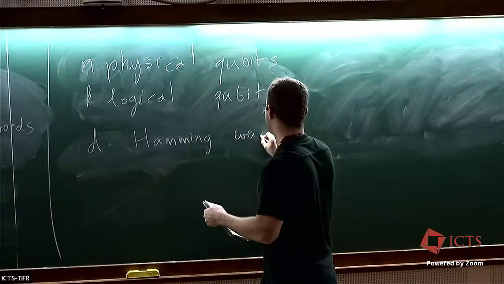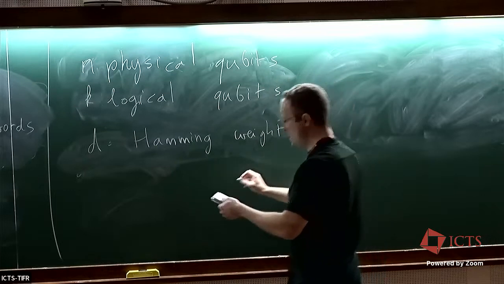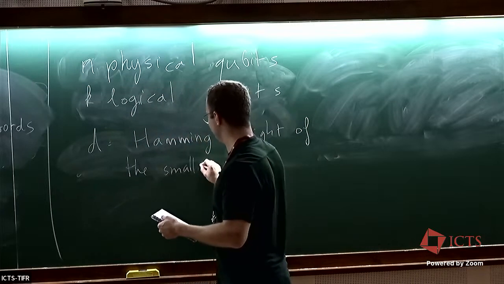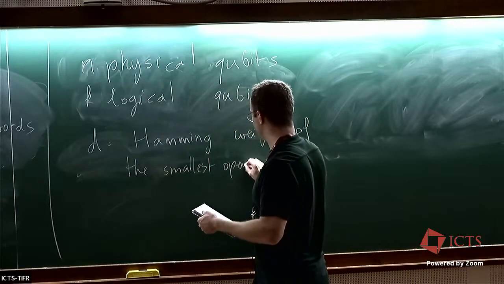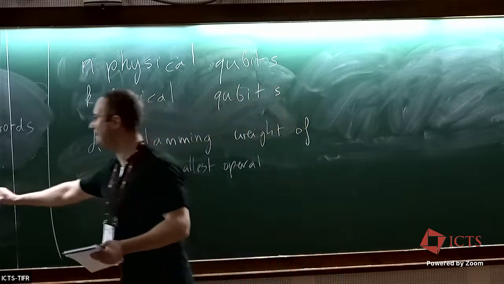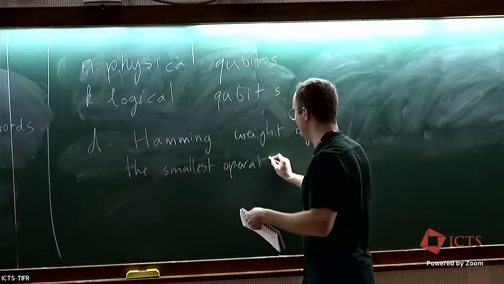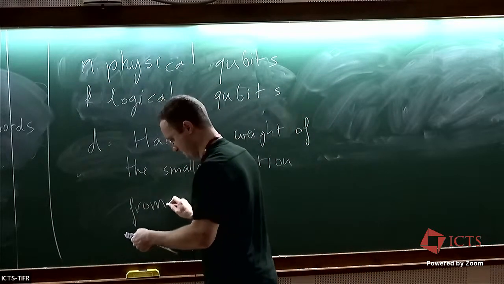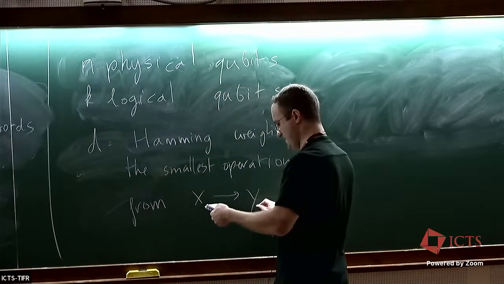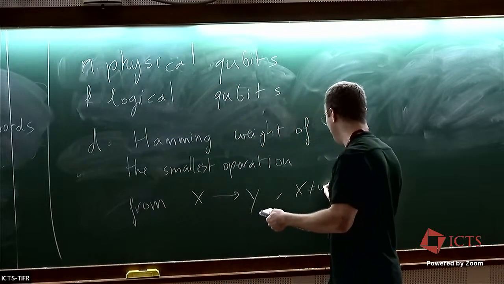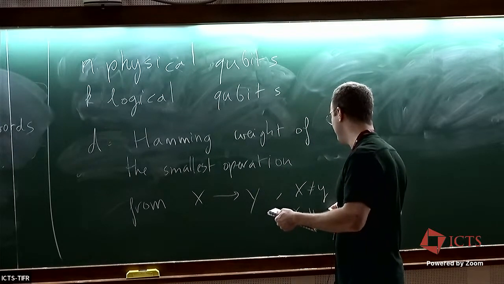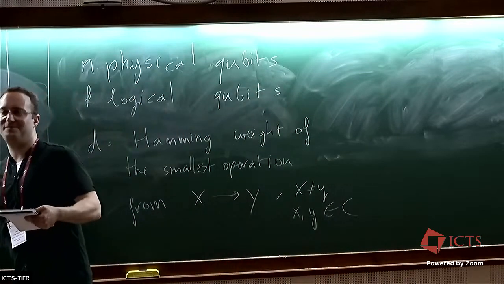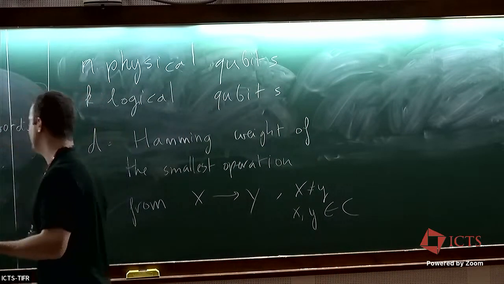So it's the Hamming weight of the smallest operation that brings you from some code word X to another code word Y for any X and Y, and of course, X cannot equal Y, and both X and Y have to belong to the code space. The code space is just the set of code words.